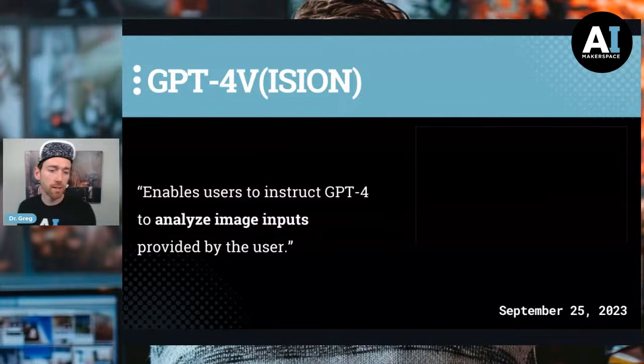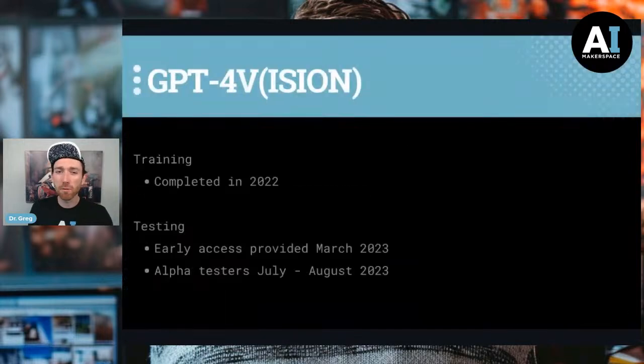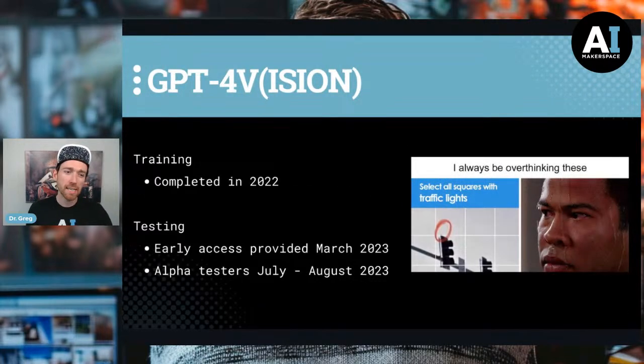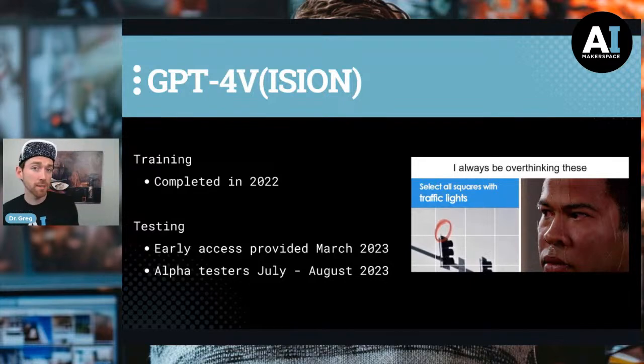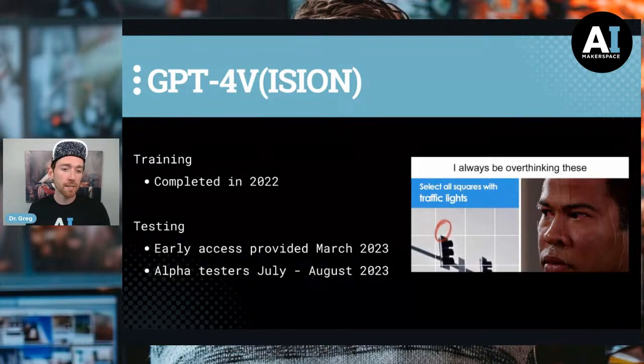We also read, using the GPT-4 model card, that the training of this model was actually completed back in 2022. So this has been in the works for quite some time at OpenAI.